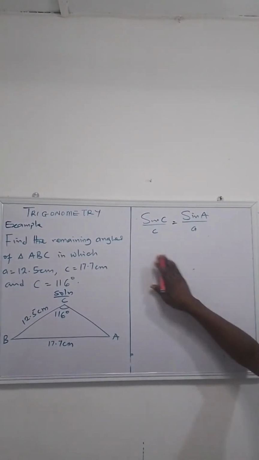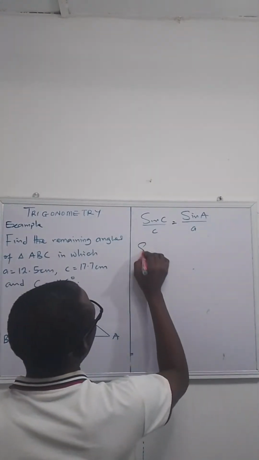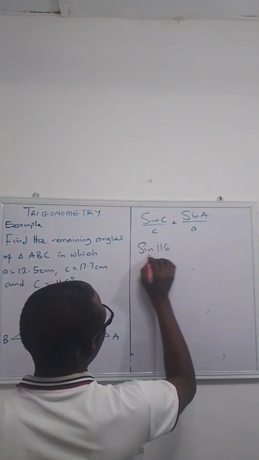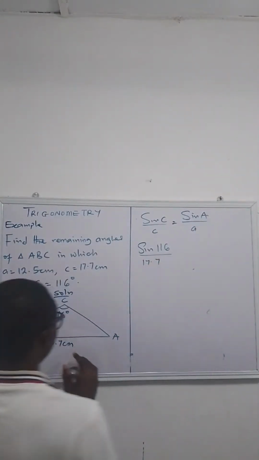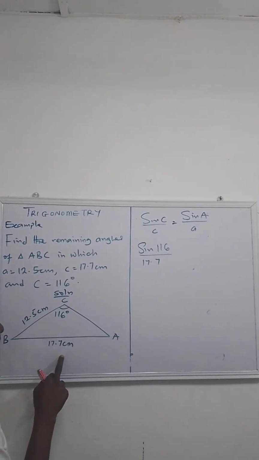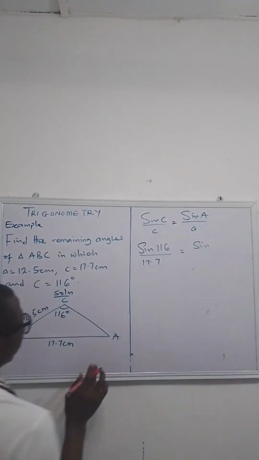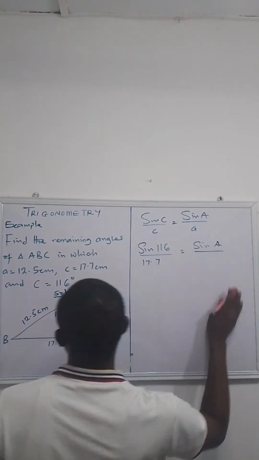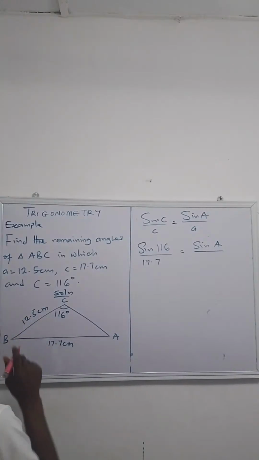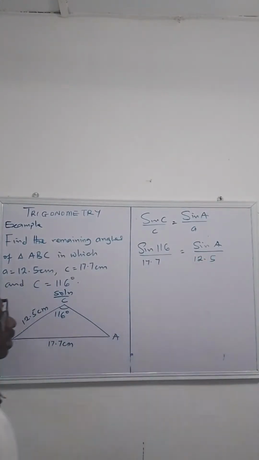So now let's plug in these values. We have sine 116 over 17.7, that is the side c, equals sine A, which is the angle we're looking for, over side a, that's 12.5. I hope you get that. So now what do we do next?